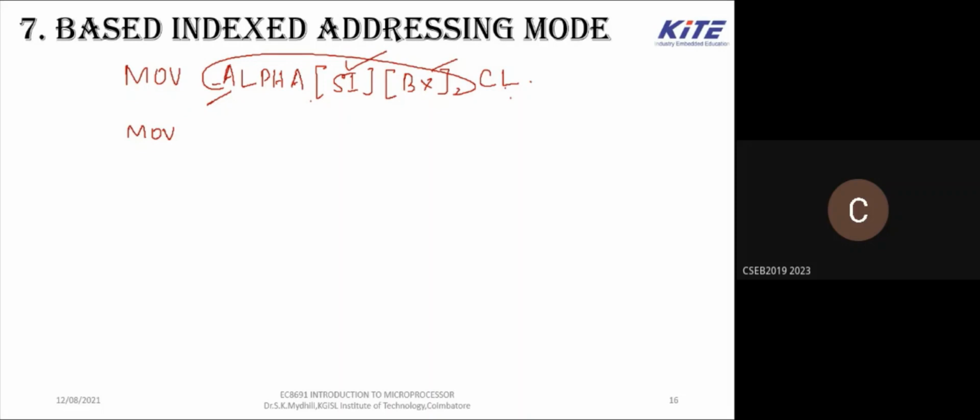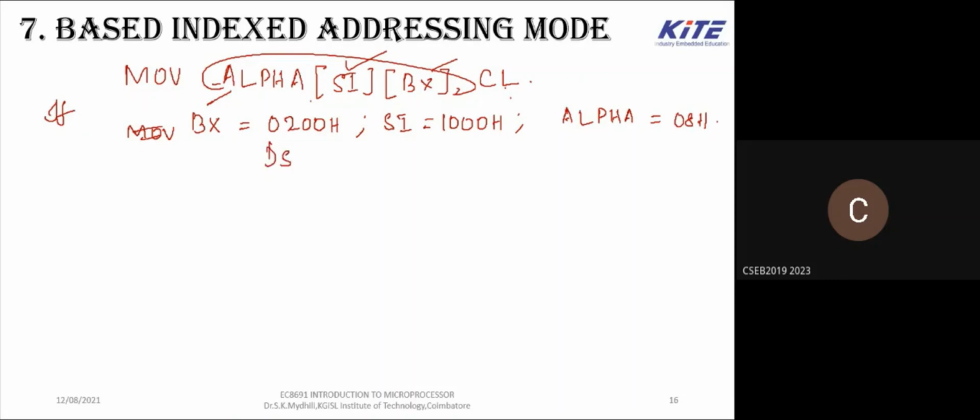If BX is specified as 0200H, and SI is specified as 1000H, and my alpha value here is indirectly given as 08H, and my starting address here is 3000H.